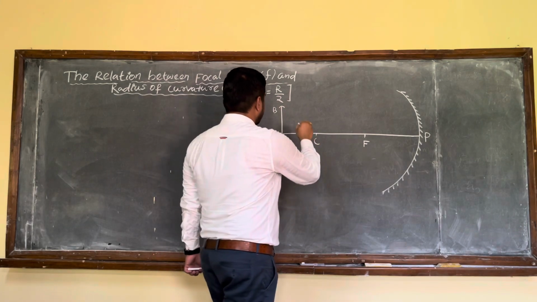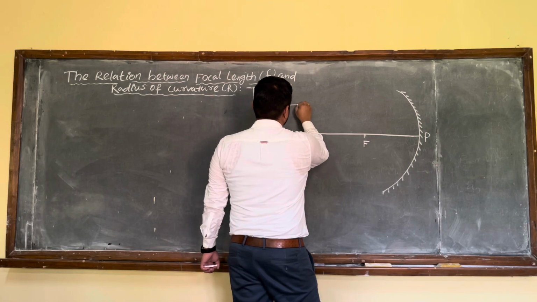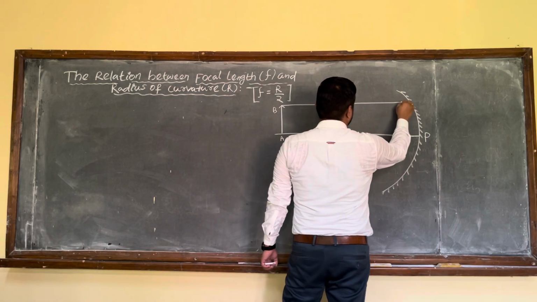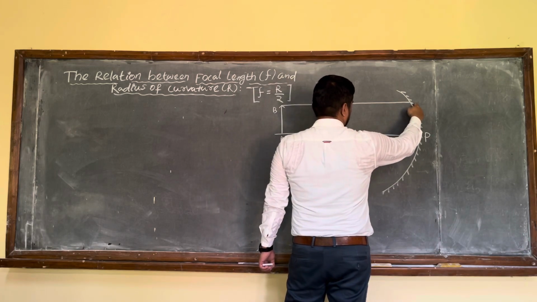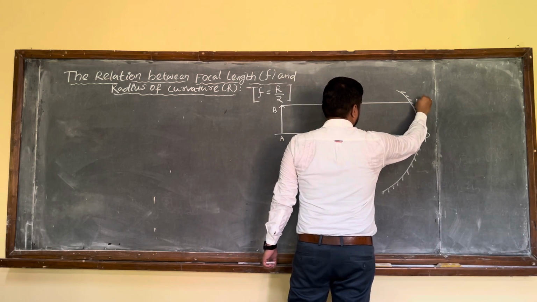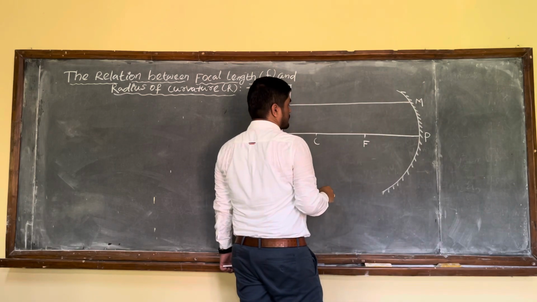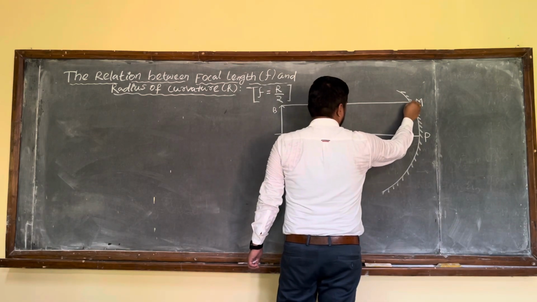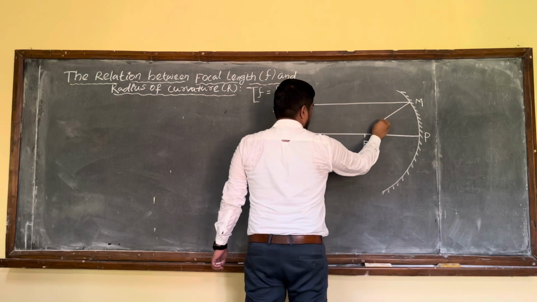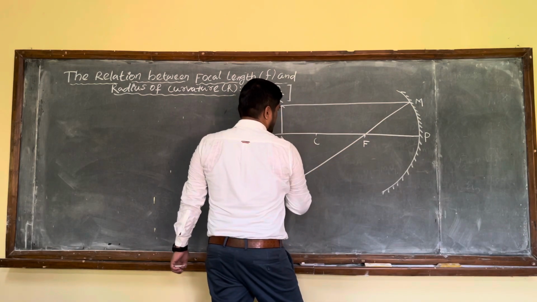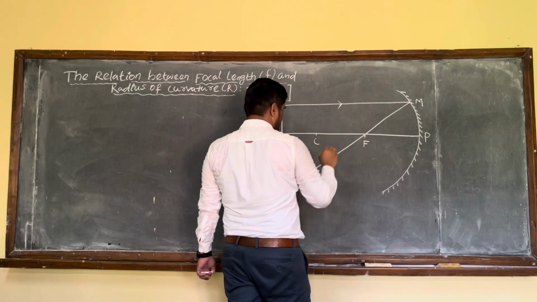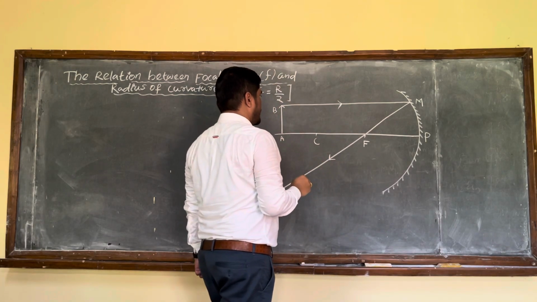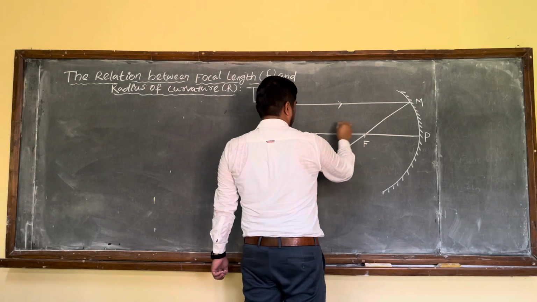One ray parallel to the principal axis meets the concave mirror at point M, and after reflection it will pass through the focus F. So this is the incident ray and this is the reflected ray.